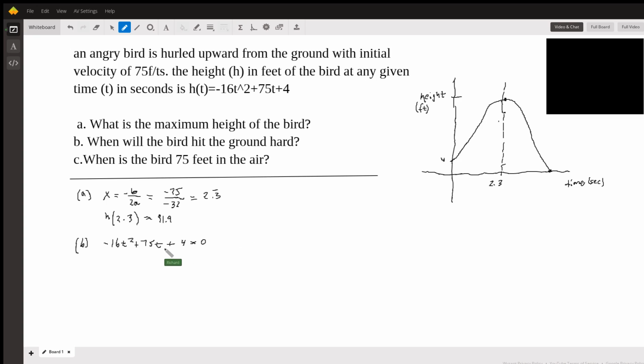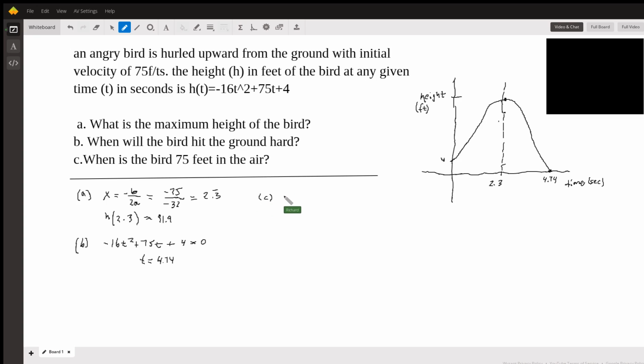So I'm getting on my calculator that t is going to be 4.74 seconds.